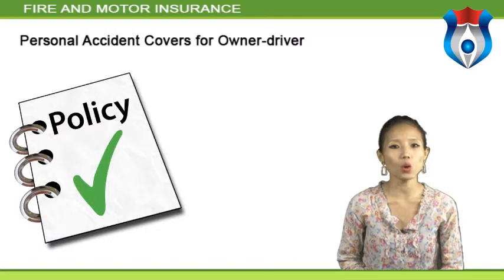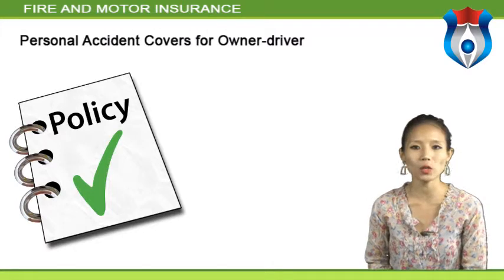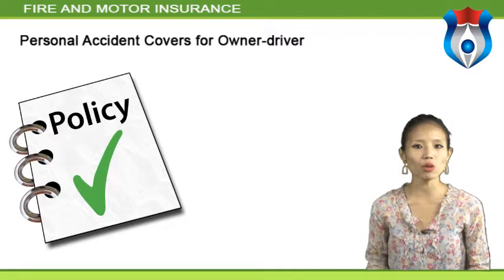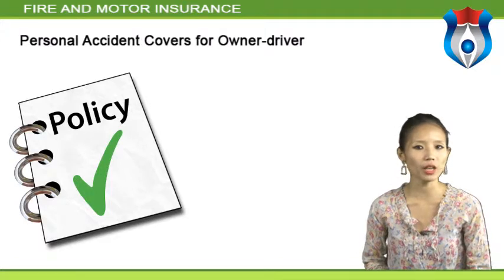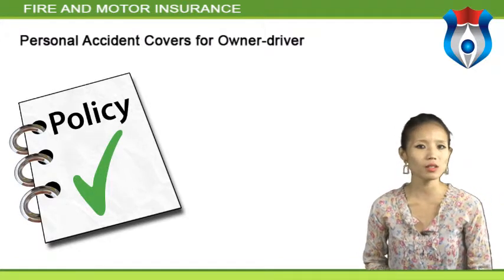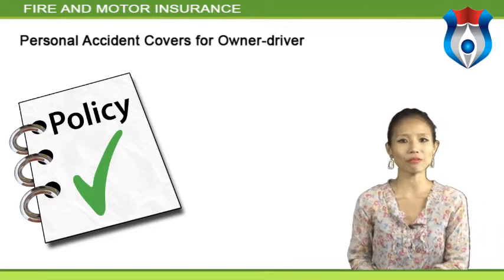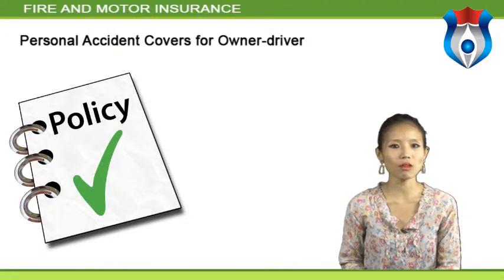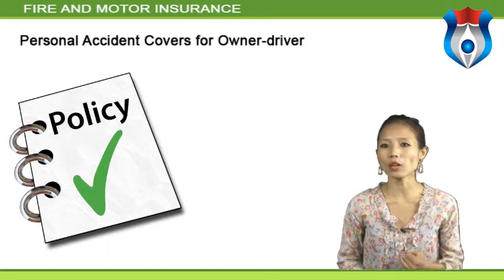Personal accident cover for owner driver. Subject otherwise to the terms, exceptions, conditions and limitations of this policy, the company undertakes to pay compensation as per the following scale for bodily injury or death sustained by the owner driver of the vehicle in direct connection with the vehicle insured, or whilst mounting into, dismounting from or travelling in the insured vehicle as a co-driver, caused by violent, accidental, external and visible means which, independent of any other cause, shall within 6 calendar months of such injury result in death or disablement, provided always that the compensation shall be payable under only one of the items.